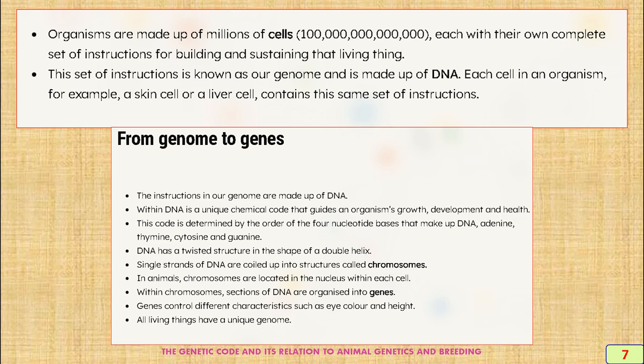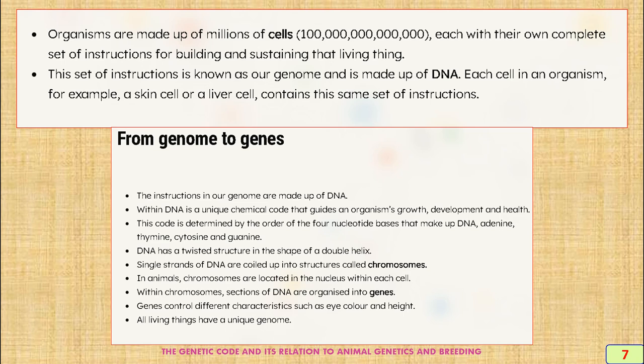This set of instructions is known as our genome, and it is made up of the basic unit called deoxyribose nucleic acid, or DNA. In each cell in an organism, from skin cells to liver cells, brain cells, or even stem cells, there is a very specific set of instructions.